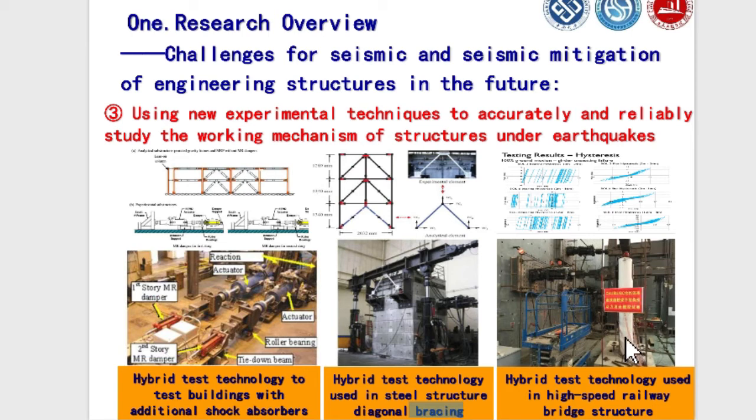In the third hybrid simulation, we adopt the pier as the experimental component, and the bearing and the girders are simulated in the computer. We use the actuator to transfer the force between the two substructures and to realize the boundary response. So the new test technology is very useful.